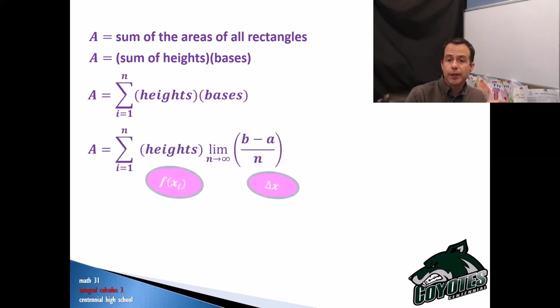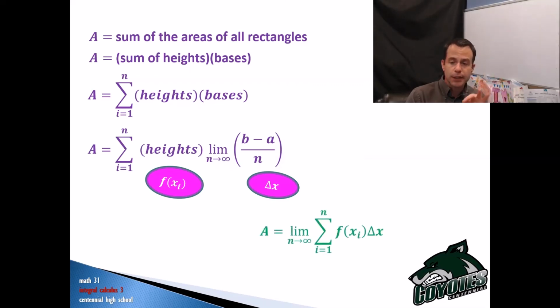Well, we already know each of these things. We know that the heights are all now represented as f of x subscript i, and we know that all those bases are represented as the increment of x. And so we now have a formula for Riemann sum.